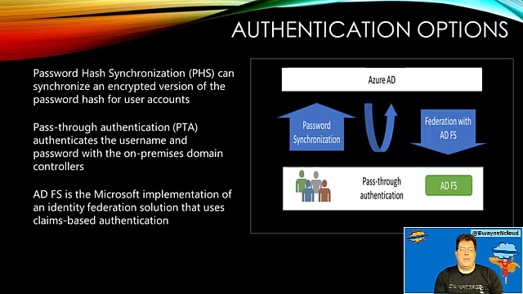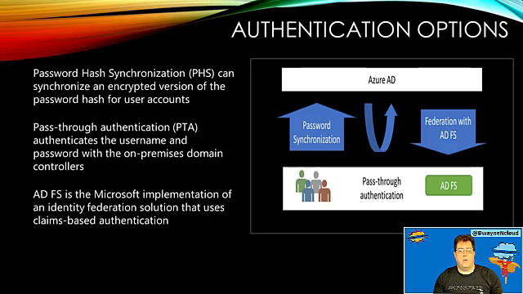There are three key authentication options, and we'll have a slide on each one of these. There's the password hash synchronization, which takes our on-premises Active Directory identity and provides an encrypted password hash for all those user accounts to Azure Active Directory.